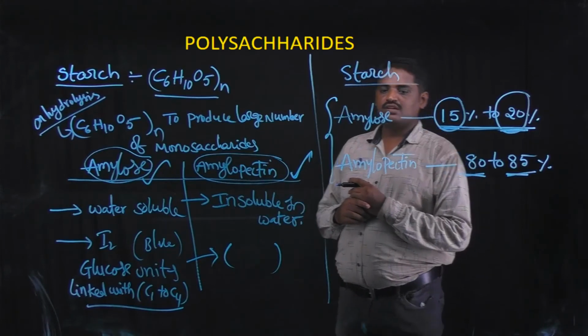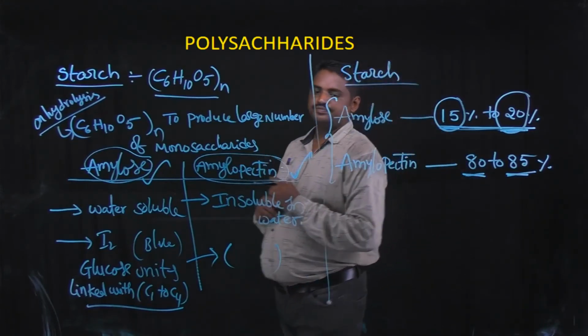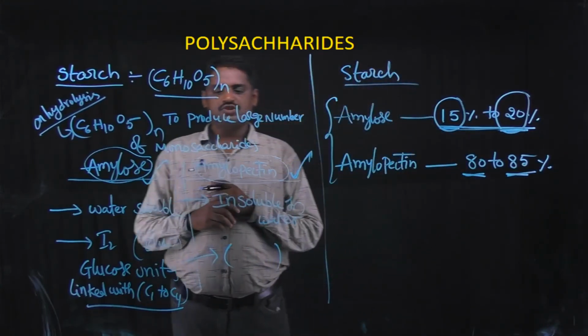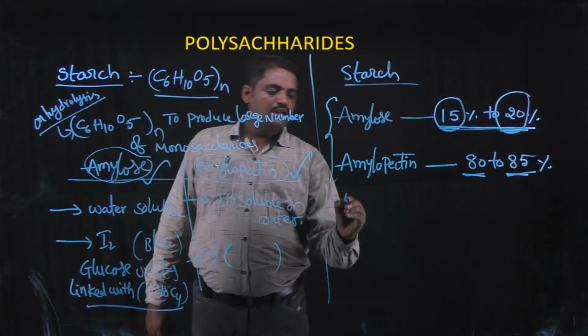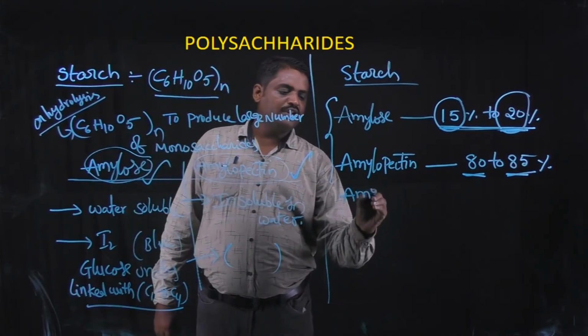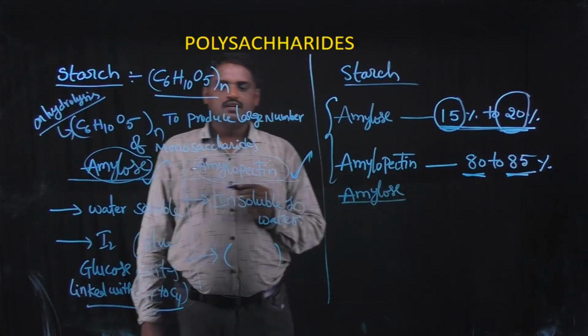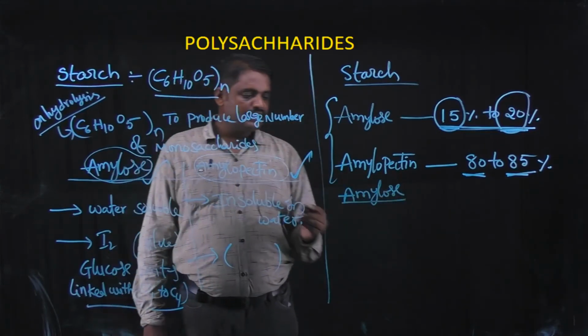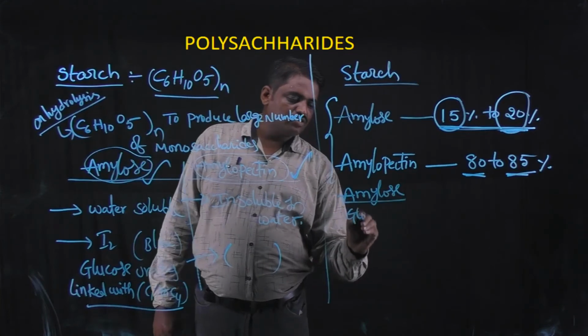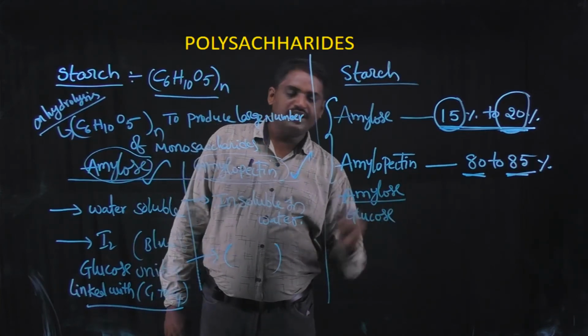Next, the structural explanation of starch. The first component is amylose. Amylose contains glucose units.